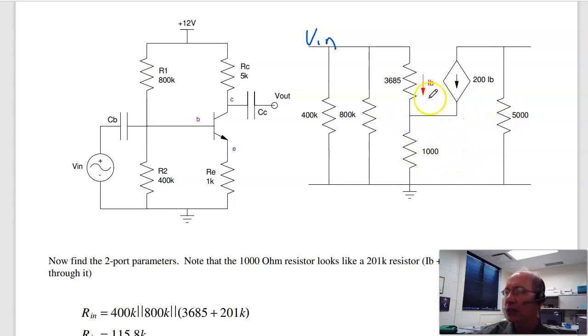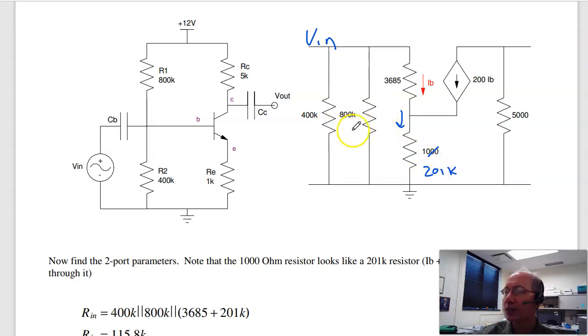And notice what this looks like. At this point, I see 3685, and the resistance down here looks like 1K times 1 plus 200, because for every milliamp going through IB, I get another 200 milliamps flowing, giving you 201 times the voltage. 201 times the voltage makes it look like the resistance is 201 times bigger. So this looks like a 201K.